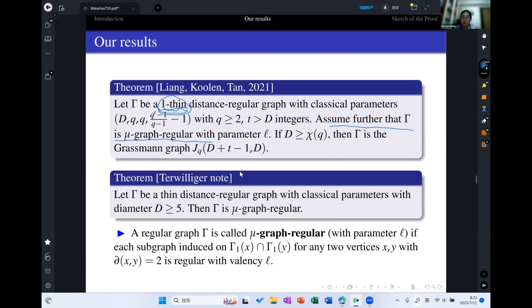Here, what is mu graph regular? That's a regular graph where each subgraph induced on gamma 1x and gamma 1y, for any two vertices x, y at distance 2, is regular with valency L.